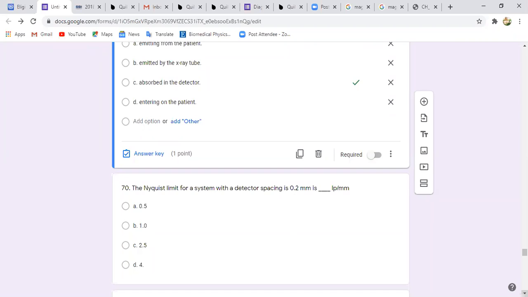So all we need to do here is follow the same path as before: 1 over 2 delta, so we have 1 over 2 times 0.2 millimeters.